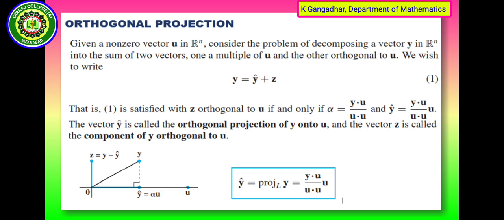The projection of y on u is denoted by y hat, equal to projection of y on L, equal to y dot u by u dot u into u. So this is the orthogonal projection of y on u.